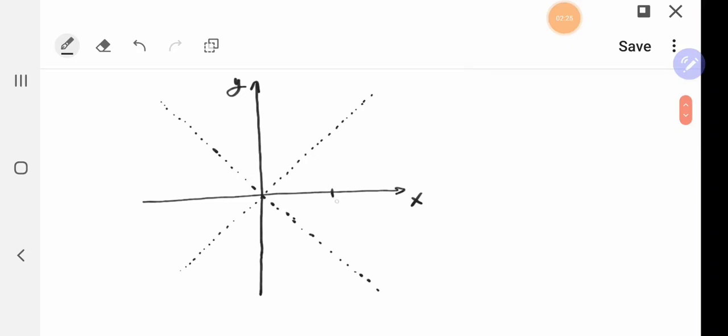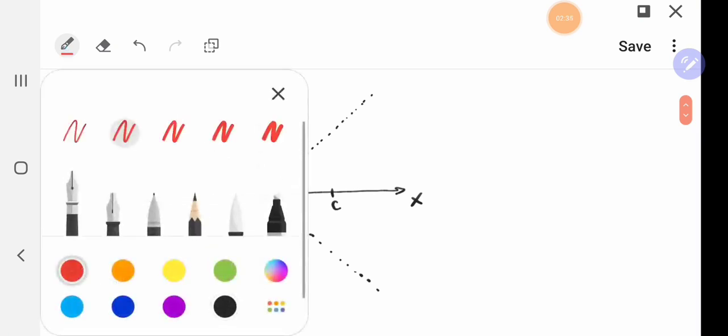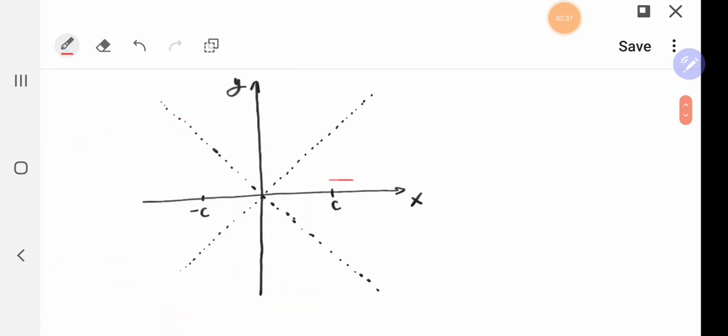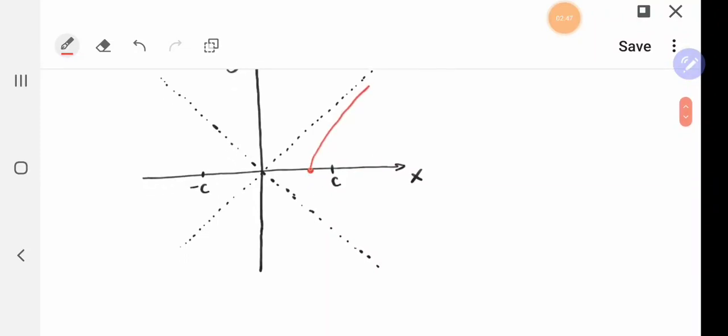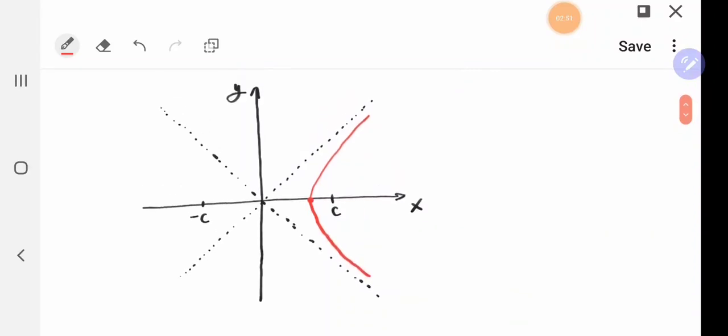This is focus 1, C, and this is negative C. Then we can draw a graph from a vertex, and it approaches the asymptote.